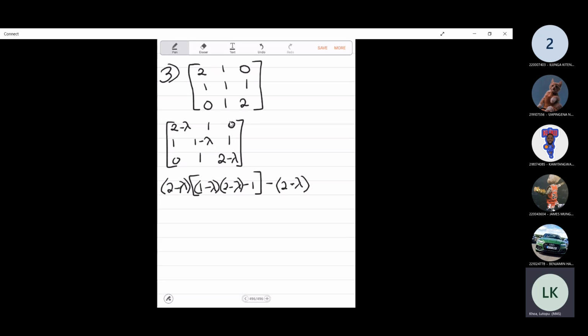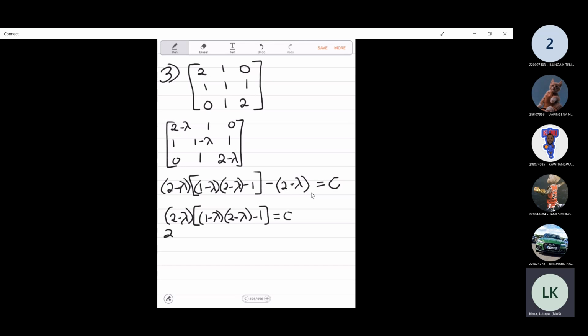And then the last one will be 0 times that, which is just 0. And this is equal to 0. So again, here you can see 2 minus lambda is a common factor. So I factorize that. So I have 2 minus lambda, I have 1 minus lambda, 2 minus lambda, minus 1. This is equal to 0.